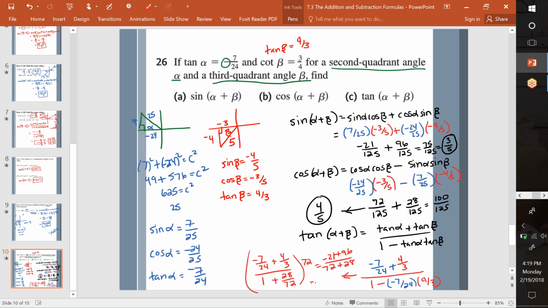So that equals a total of 96 minus 21, which was 75, over 72 plus 28, which is 100, and that is divisible by 25 on top and bottom, and it's 3/4, which is the same thing you would have gotten if you put 3/5 over 4/5.